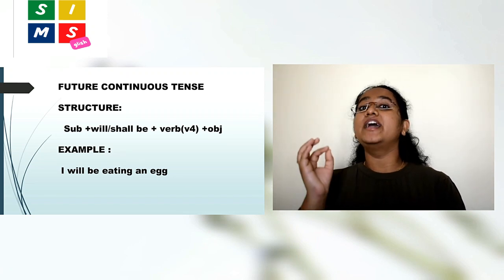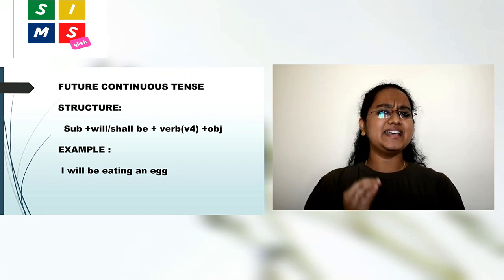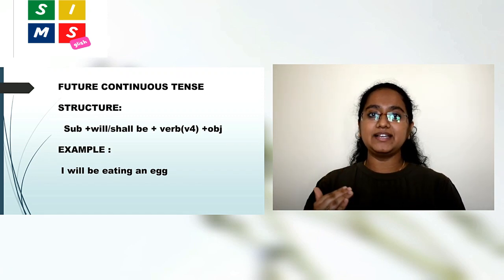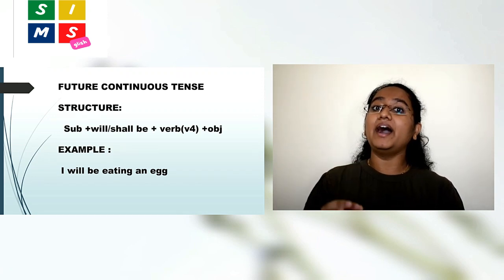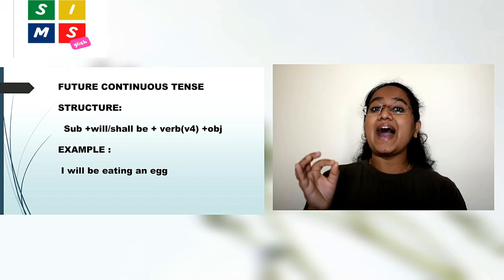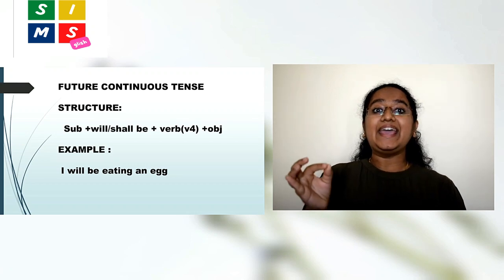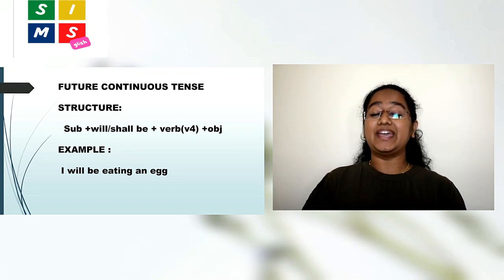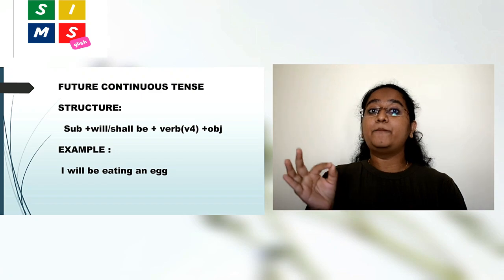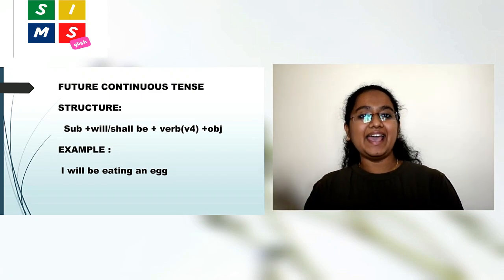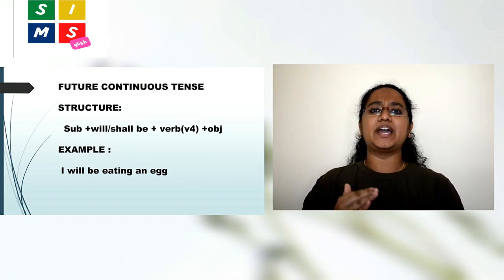Now, in the example, here we can write as I will be eating an egg. This is the example which we can write in future continuous tense.